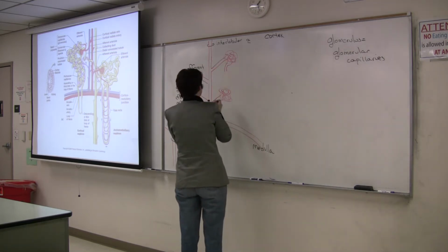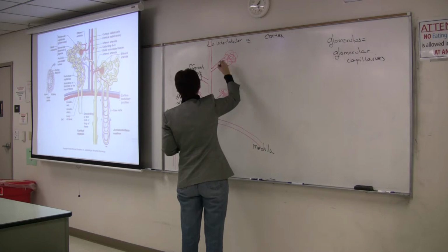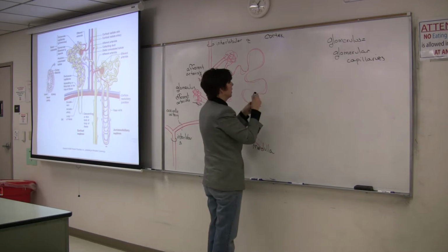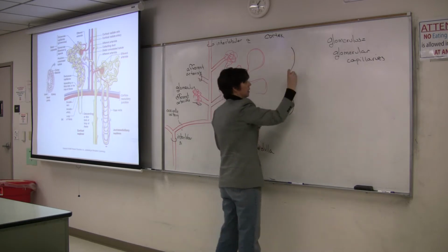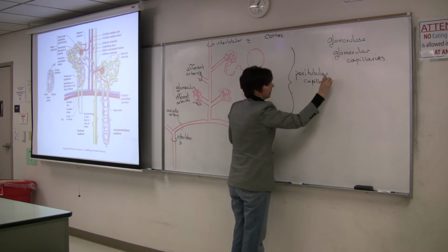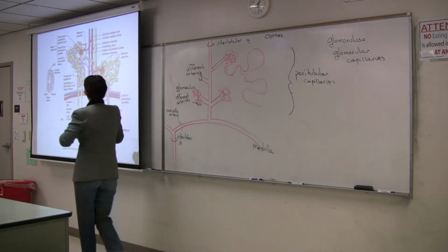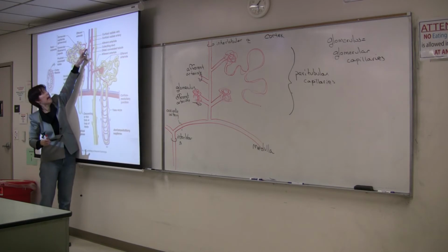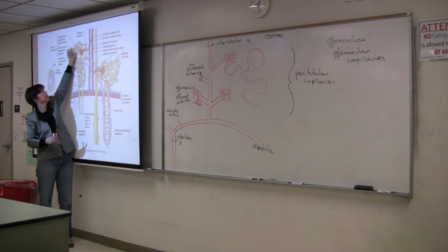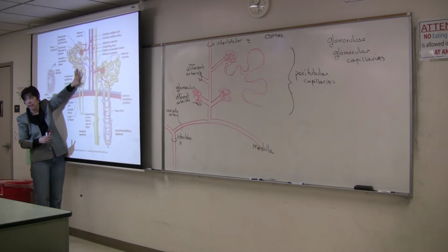Here, the efferent arteriole is going to then lose its smooth muscle again to form peritubular capillaries. Okay. So on our diagram, here is the afferent arteriole, here is the glomerulus, here is the efferent arteriole, here is our peritubular capillaries.